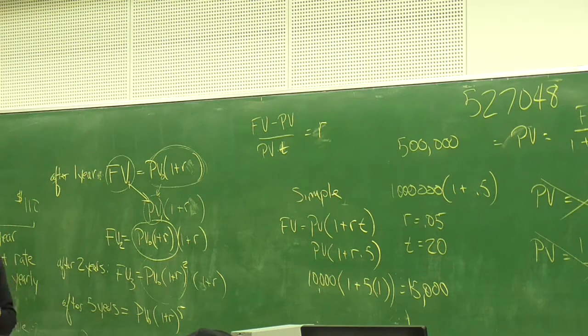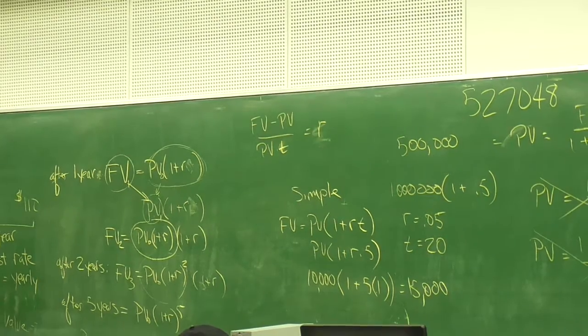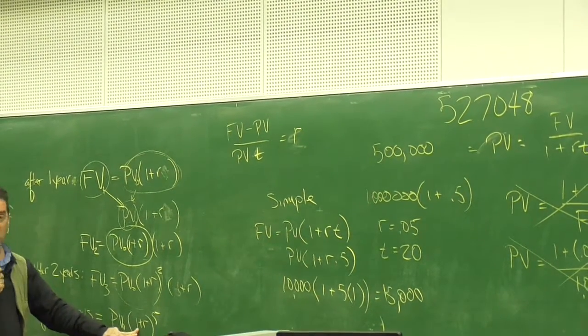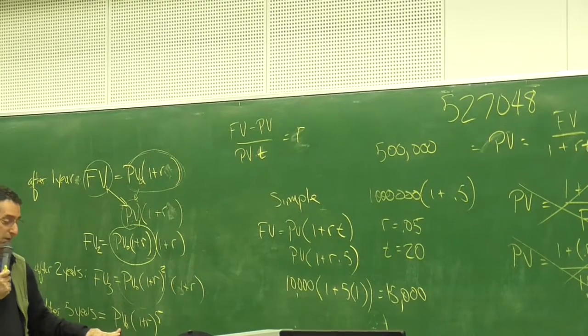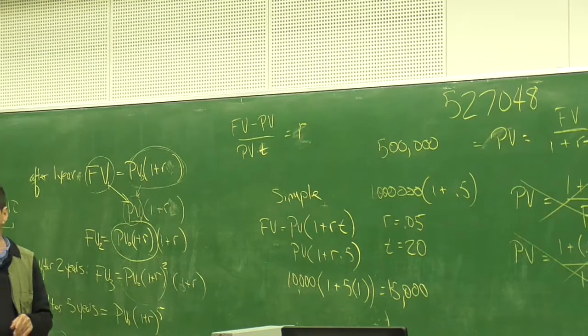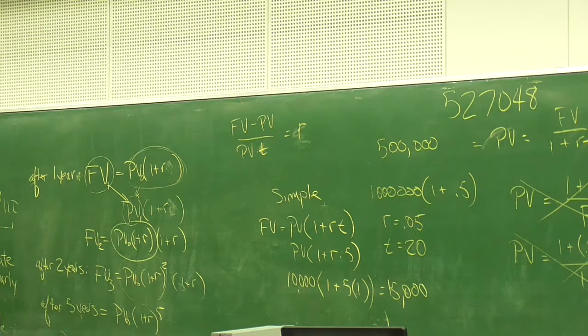So, okay, do it yourself, because I don't have a calculator. So you have to put in, just this part is good enough, right? You don't need to do the 10,000. Just say 1 plus r, so 1 plus 0.1, which is 1.1 to the fifth.